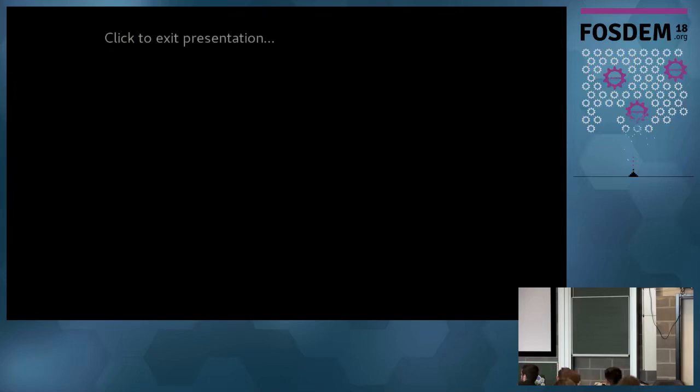GDB doesn't implement match. It implements sort of a C-like subset of expressions. But GDB understands Rust syntax pretty well. You can use slices, and you can examine tuples using dot zero. Does that answer your question?